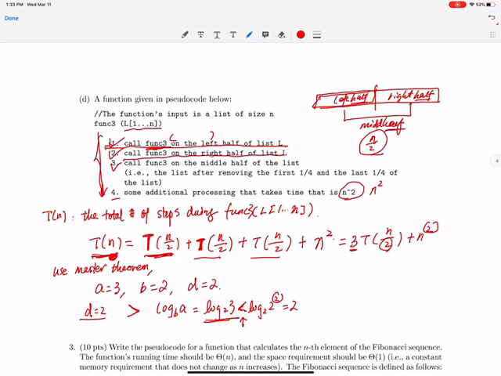This means we are in case number 1. Therefore, T of n is n to the 2, the D here, because the larger value appears here. Okay, so this problem is done.